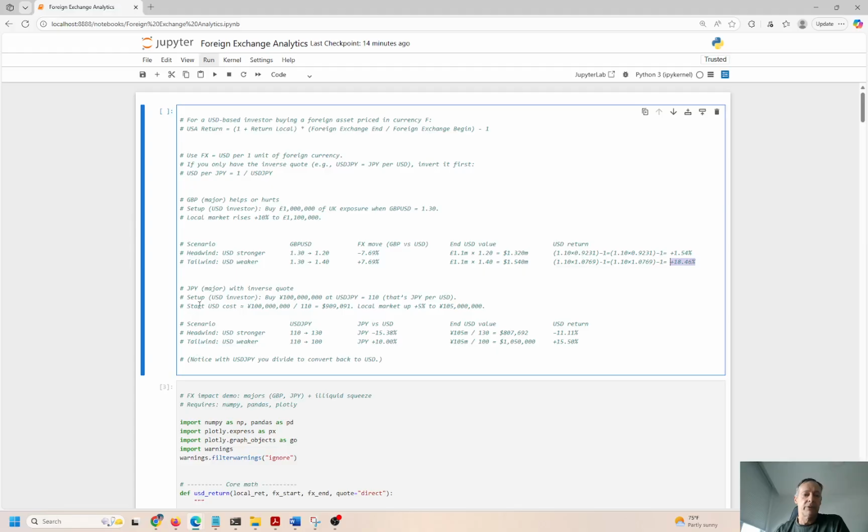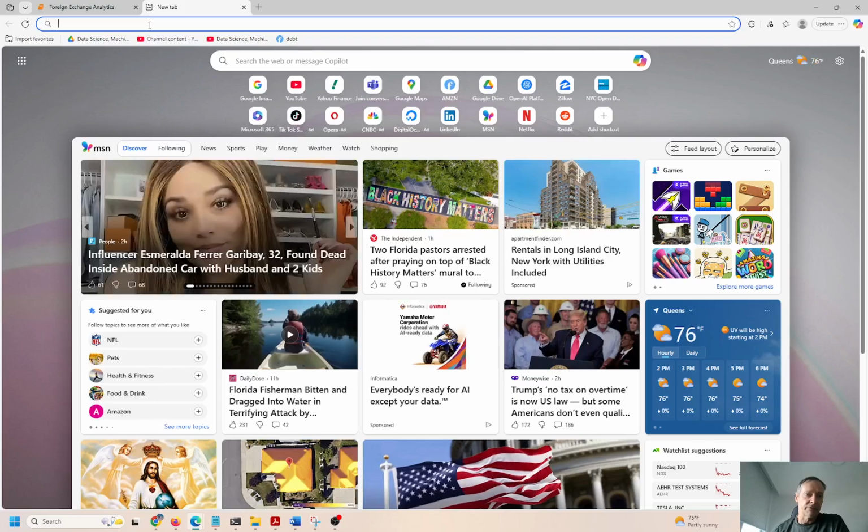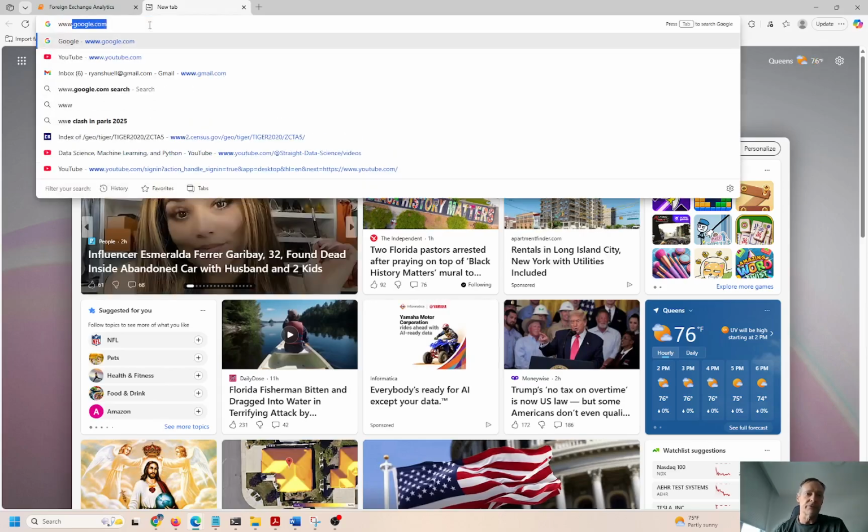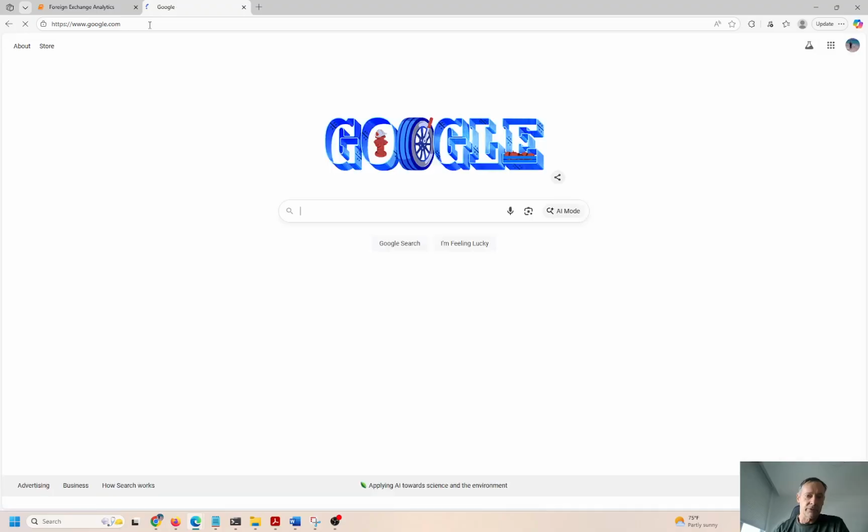So another example here could be Japanese yen. We can buy 100 million worth of yen. Sounds like a lot. Remember, this is closer to probably 1 million because the currency rate would be maybe 110 or something to 1. Obviously, it changes all the time. I don't know what it is, but the Great British Pound to US dollars is relatively pretty close.